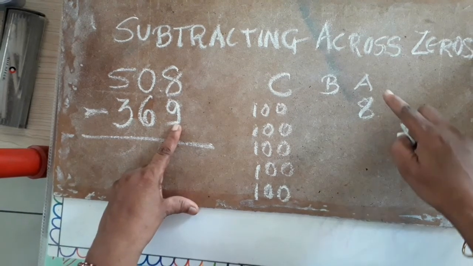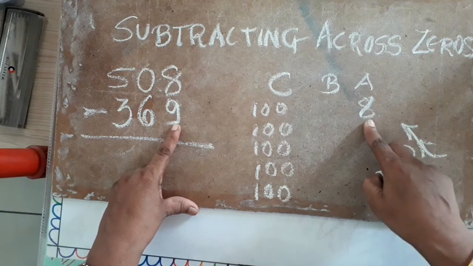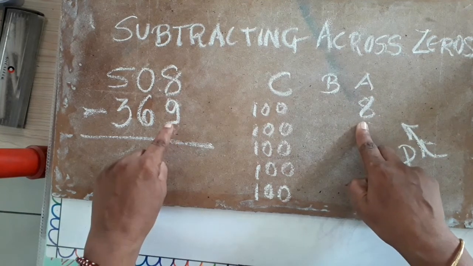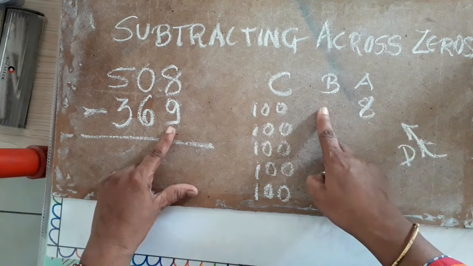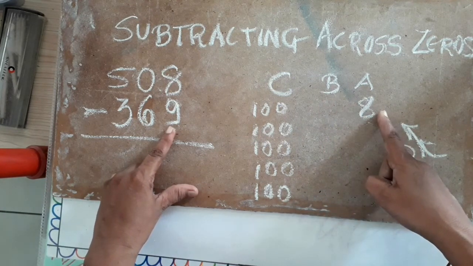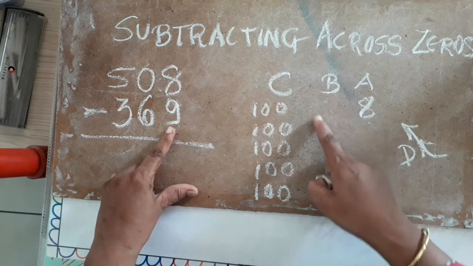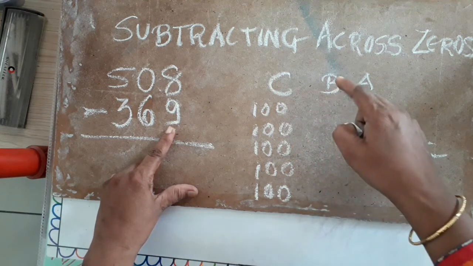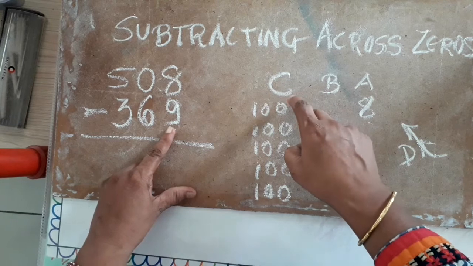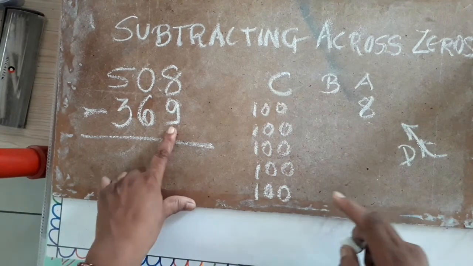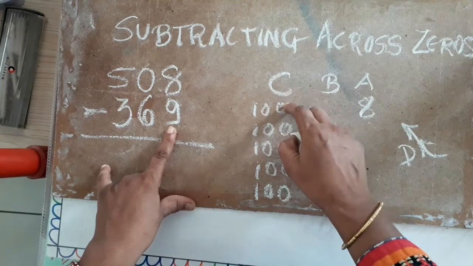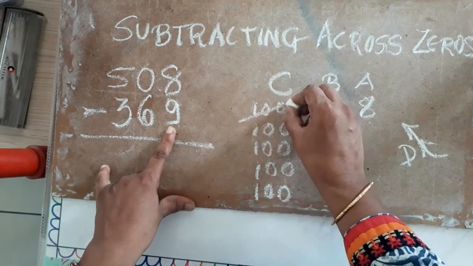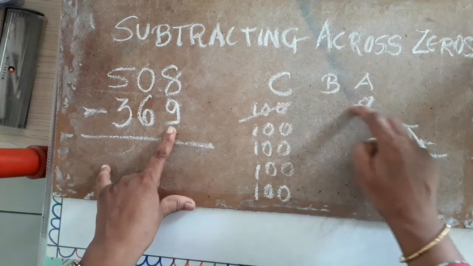Now as A is having only 8, he is unable to give 9. So he will ask person B to give one bundle to him. Okay, but as he doesn't have anything, he also has to go to person C. Okay, so now C person gives one bundle among these two.